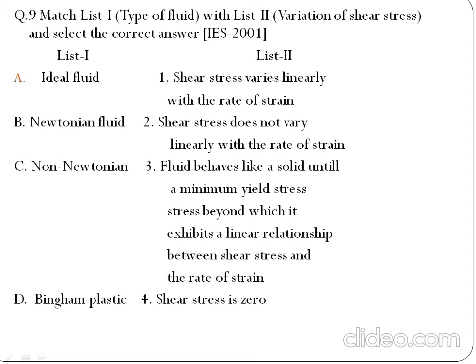Third, fluid behaves like a solid until a minimum yield stress, beyond which it exhibits linear relations between shear stress and rate of shear strain. Fourth, shear stress is 0. And the code is given as follows. So correct answer is option D.